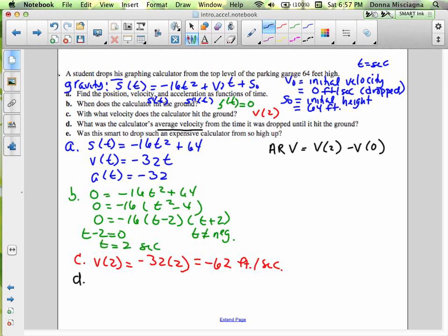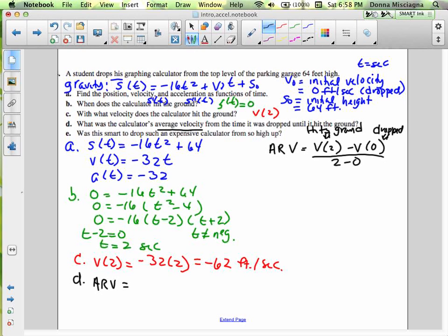This was when it hits the ground, and this was when it was dropped, divided by the change in time, so 2 minus 0. Sorry, it's a good thing I looked at that. All of a sudden I looked up and thought, oh no, change in velocity. So we'll make up our own letters here: average rate of velocity.